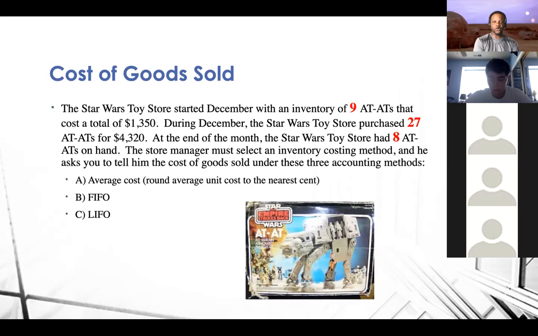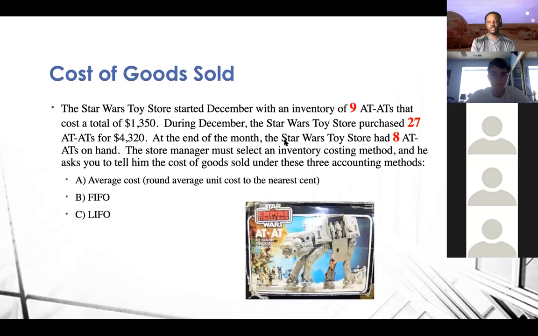Here's the question. The Star Wars toy store started in December with an inventory of 9 AT-ATs that cost a total of $1,350. By the way, the AT-ATs are right there from The Empire Strikes Back when you're on the planet Hoth, the secret Rebel base. Anyway, during December, the Star Wars toy store purchased 27 AT-ATs for $4,320.